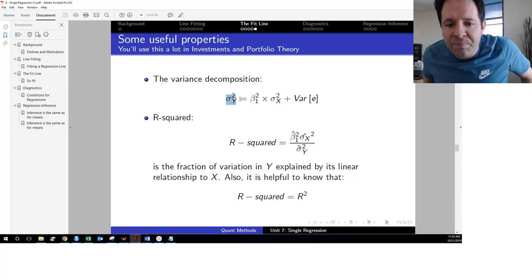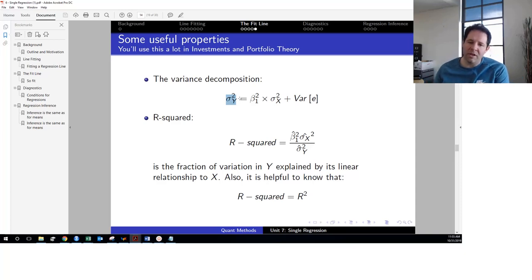When we think about a regression, the form is y equals the intercept plus the slope times x plus the residual. If you just use the rules of linear combinations, you get this really nice variance decomposition.